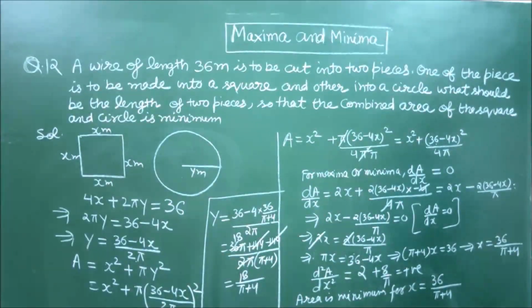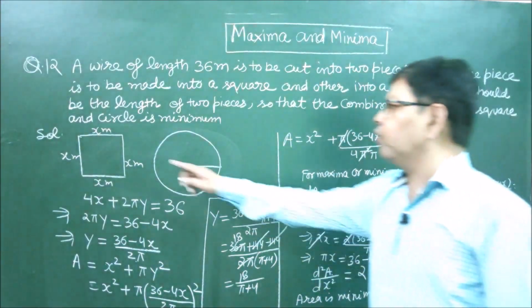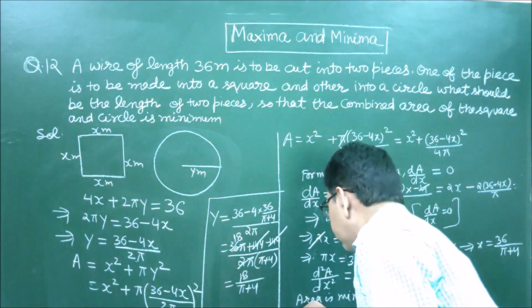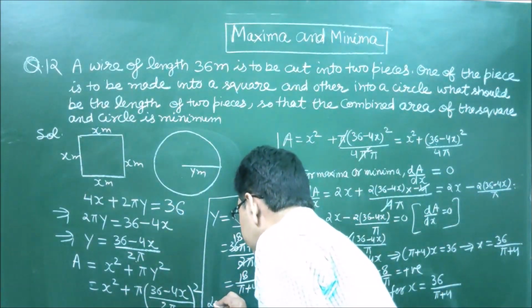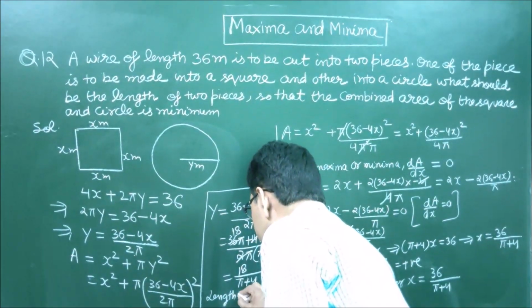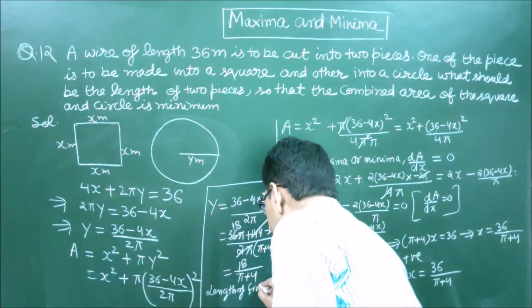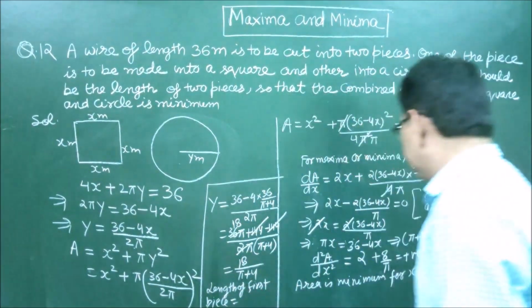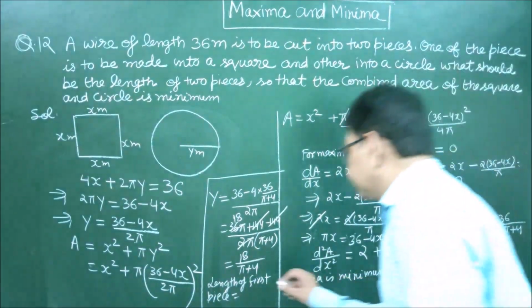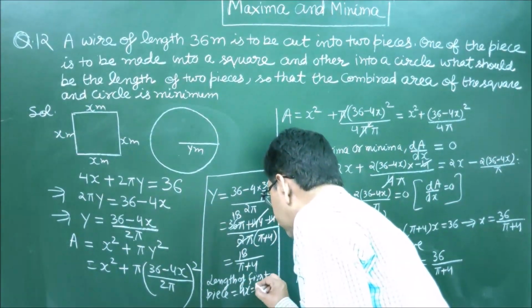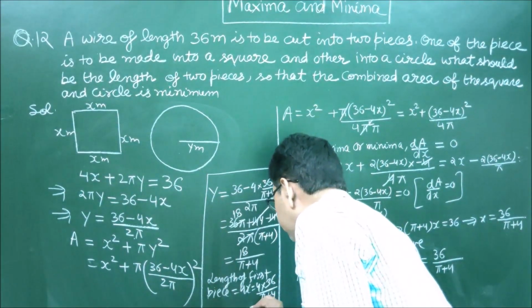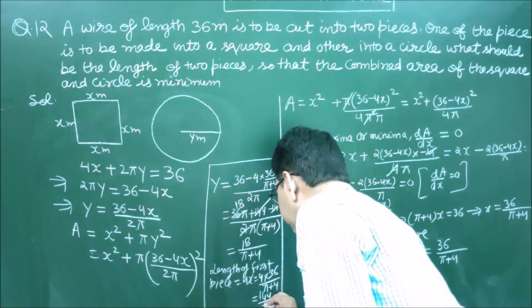Now we need to find the length of the two pieces. Length of the first piece is 4x, which means 4 into 36 upon pi plus 4, that is 144 upon pi plus 4.